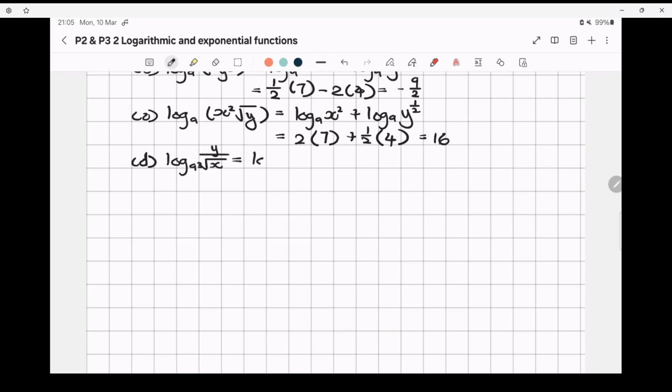So this will be log base a y minus log base a x to the power of 1 over 3. So log base a y is 4 minus 1 over 3 multiplied with 7. So that will be 5 over 3.